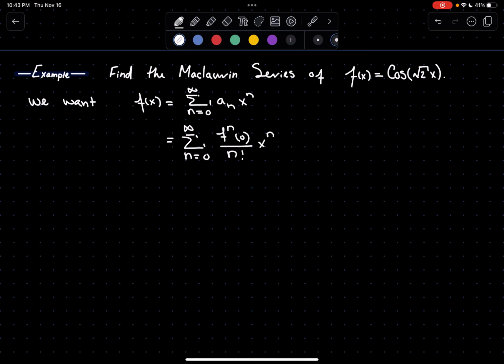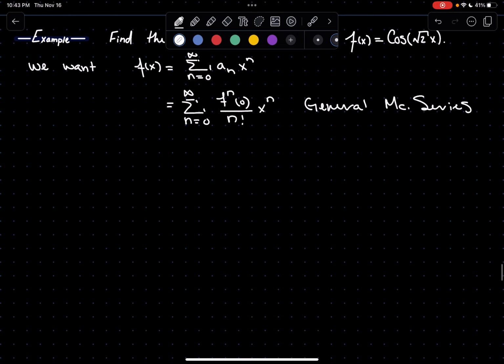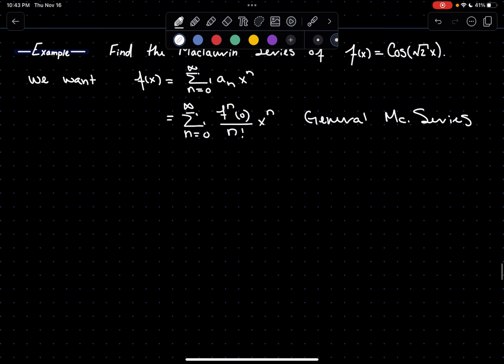That's our general Maclaurin series. So we need to figure out what this pattern is.